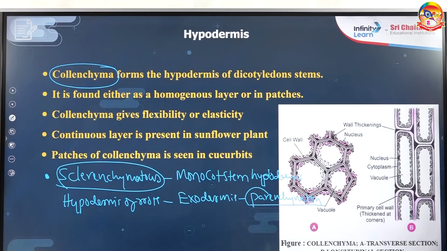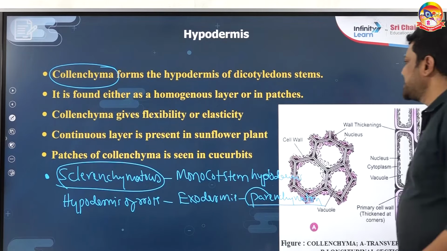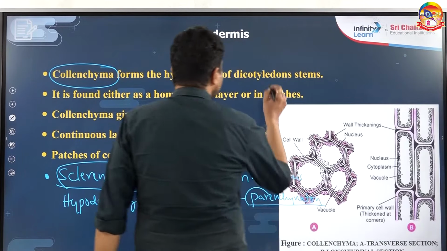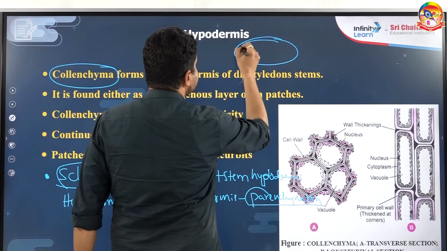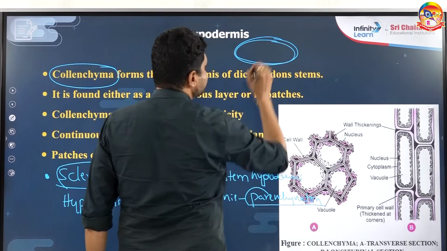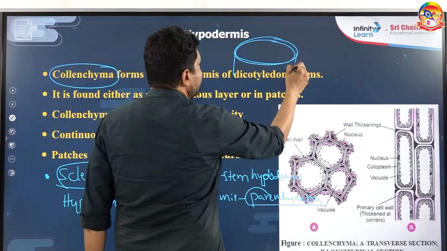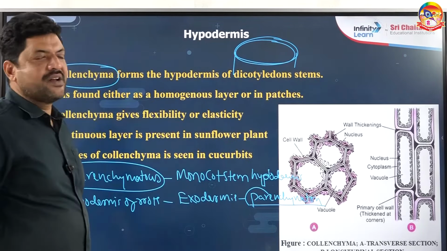First, hypodermis. Hypodermis is collenchymatous in dicotyledonous stems, and it may be a homogeneous layer or in patches. If the stem is circular, this is epidermis and this is a continuous layer of hypodermis, as in the case of Helianthus annuus, or sunflower.